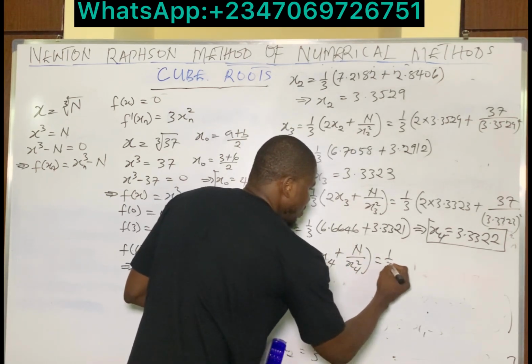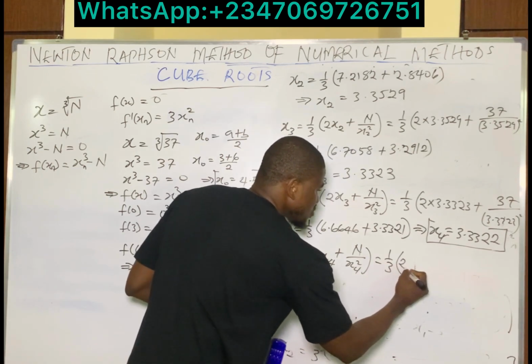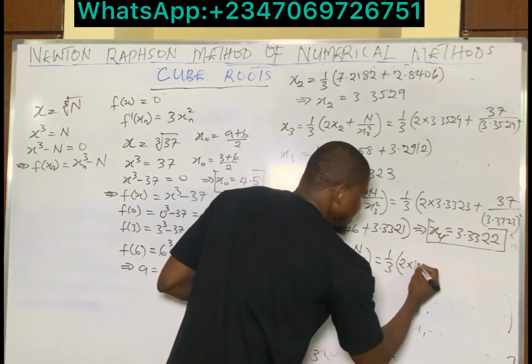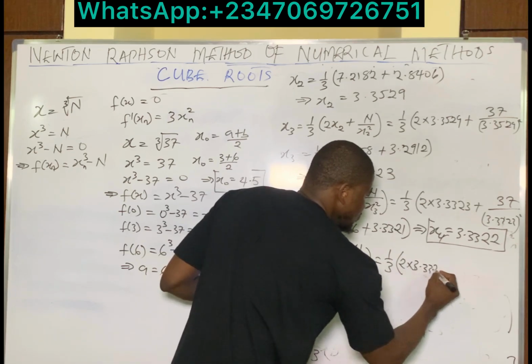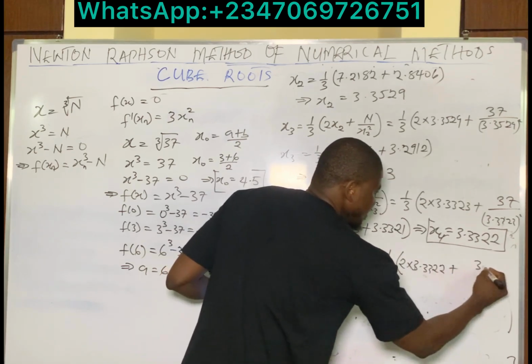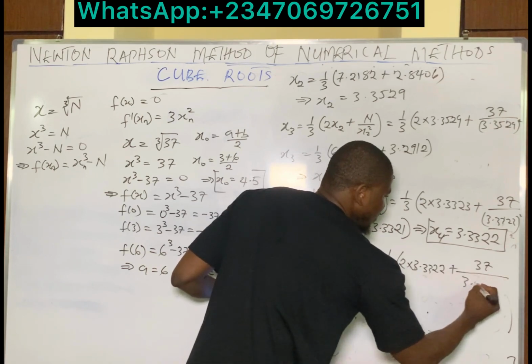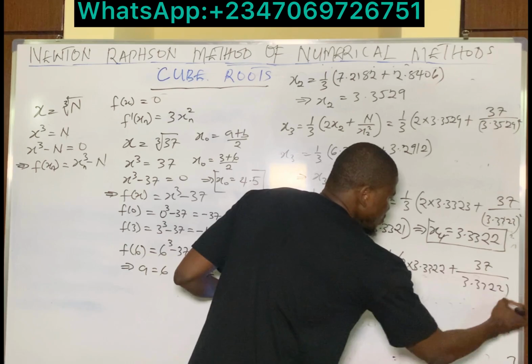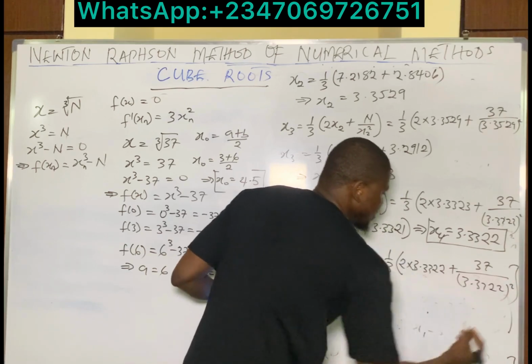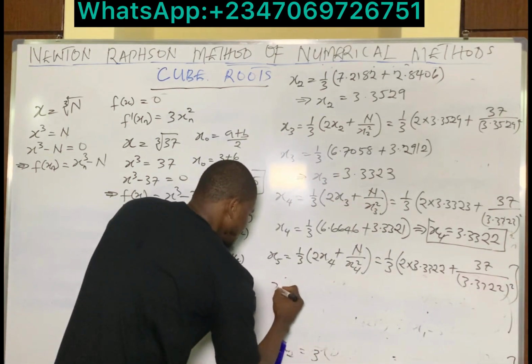So this is 1 all over 3 into 2 times x4, which remains 3.3322, plus 37 all over 3.3322 all squared.